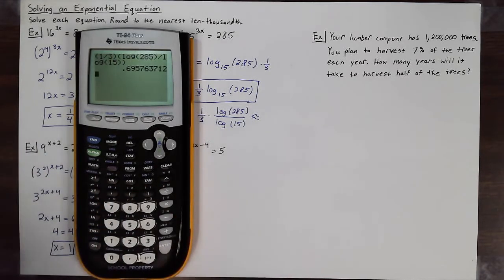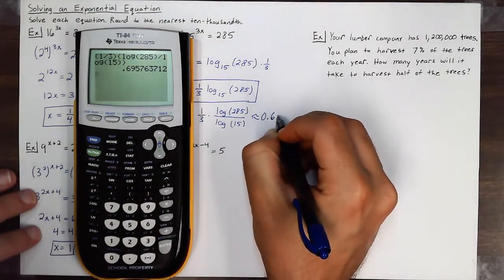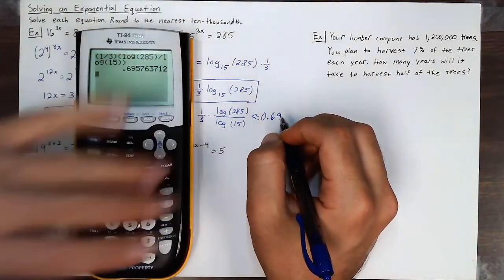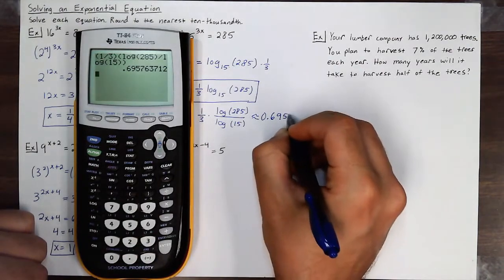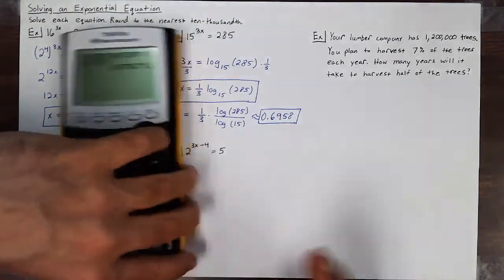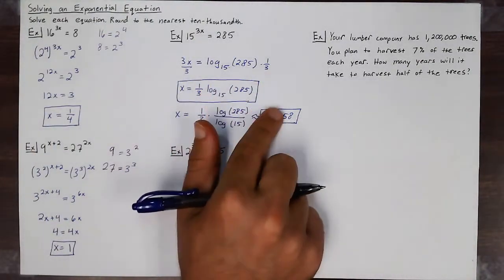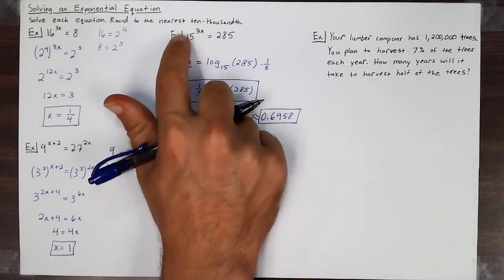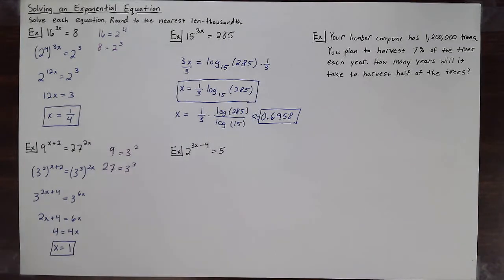So this is approximately 0.69, and to the ten-thousandths with 4 decimal places, 6958. About that much is what x would equal. This is an approximation while the other is an exact answer. So when checking your solution, if you were to plug this back in, just know that this will be approximately 285, not exactly 285, since I rounded.